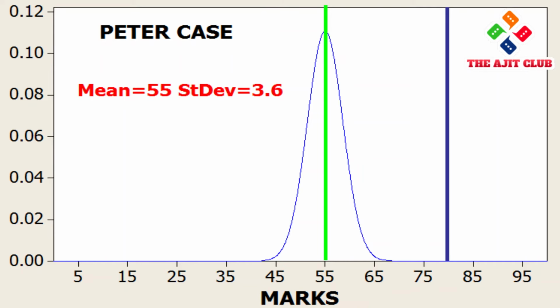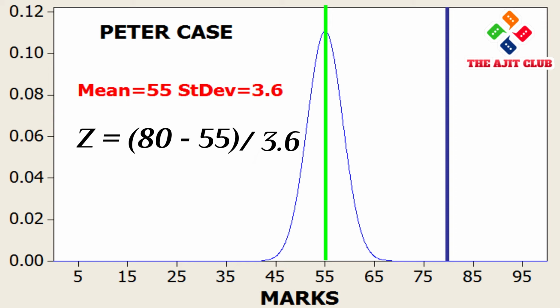So when we saw the Peter sample case, we found mean 55 and standard deviation as 3.6. And this was his marks, 80% in English. So we used the Z-score formula: x minus mu, 80 minus 55, divided by the standard deviation, which was 3.6. And we got the Z-score for the Peter case as 6.94.